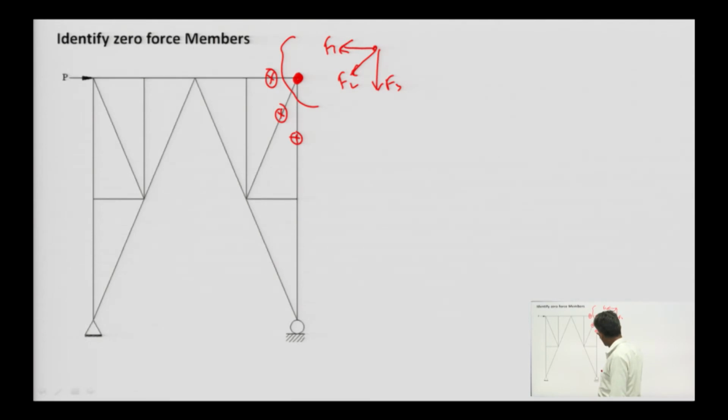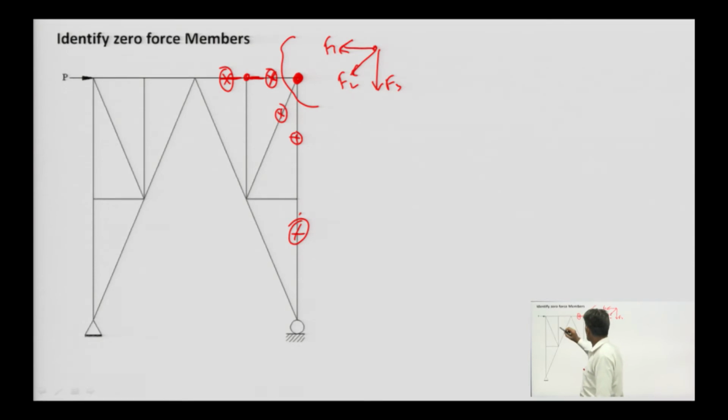If this is 0, then that member will also not have any force. Look here, if this member is not going to carry any force, and this one member which is collinear at this joint, so this member will also not have any force.